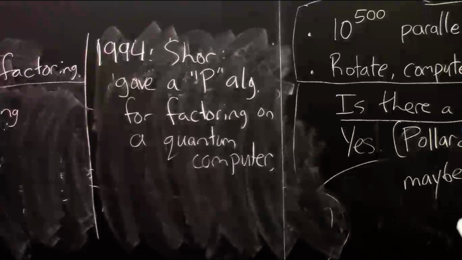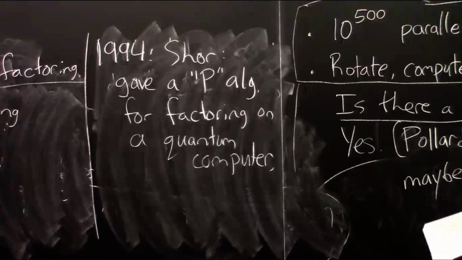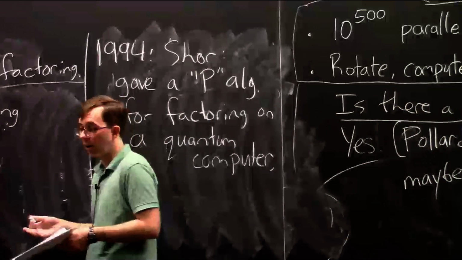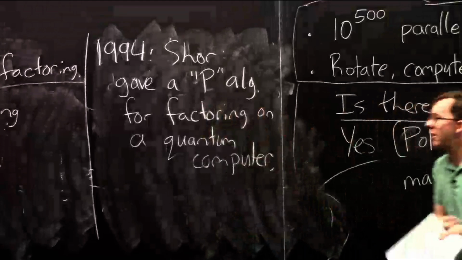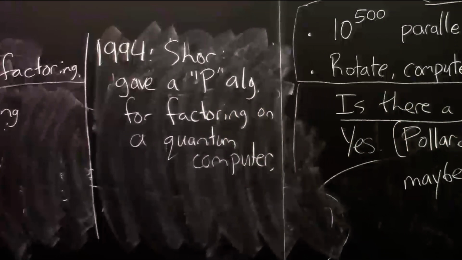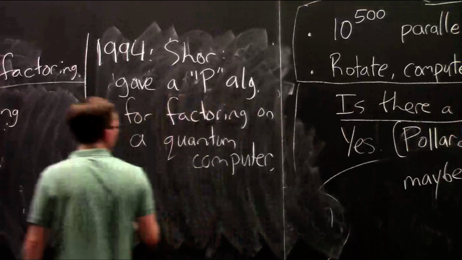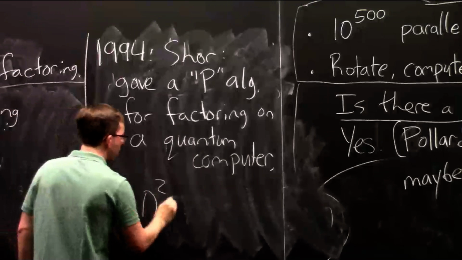So this made people really excited about quantum computing. People understood that if you could actually build a quantum computer, you could break all messages encrypted with RSA. You could decrypt all messages previously encrypted with RSA. So all previously thought to be secure messages could be decrypted, and so forth. Let me also mention, just so we know what we're talking about, his algorithm takes roughly n squared steps.